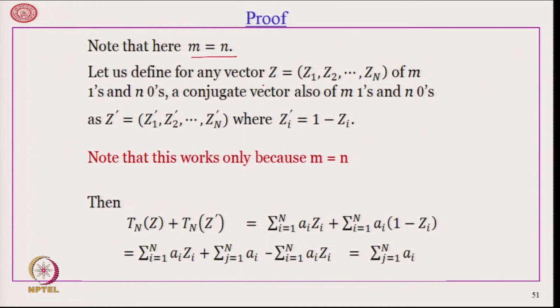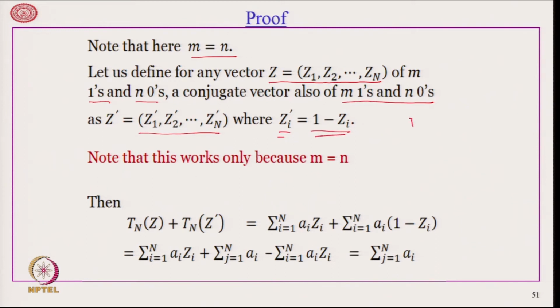Therefore, let us define for any vector z is equal to z1, z2, ..., zn of m ones and n zeros, a conjugate vector also of m ones and n zeros as z prime is equal to z1 prime, z2 prime, ..., zn prime, where zi prime is equal to 1 minus zi.